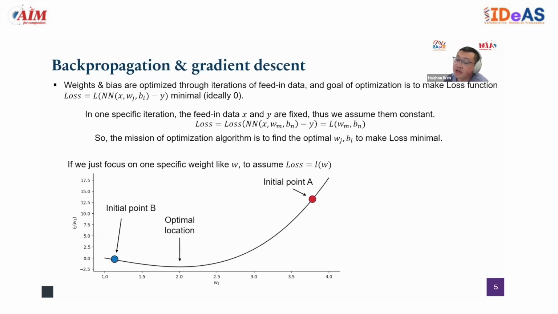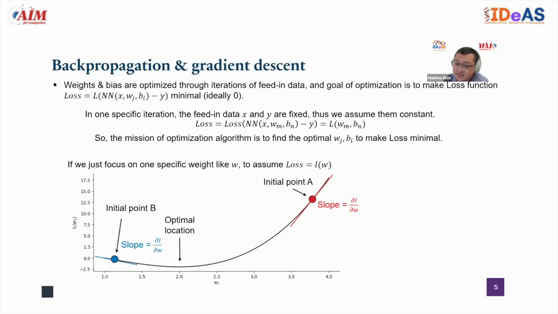It may be located randomly at any point, like point A or point B, and our mission is to let the point go to the location where the loss is minimal. It is like climbing down a mountain, and we need to let the point know the exact direction of going downward. If you are the point standing in some location and you're trying to go downward, what information could give you the right direction?